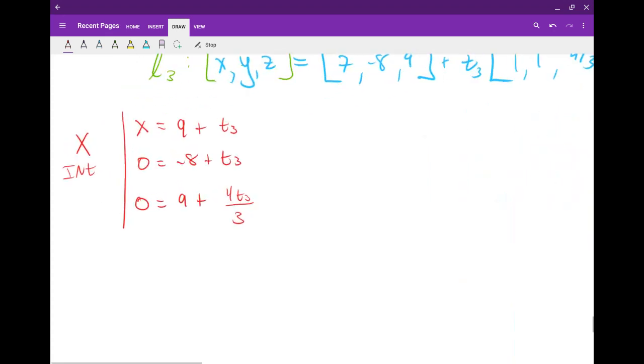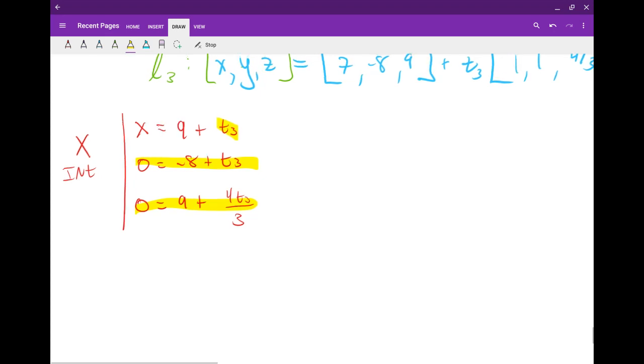All right, now I'm going to focus in on this. Basically, if you look closely at this, these two guys can be immediately solved for t3. And in the end, if I get the same t3 in both of these scenarios, then there is an x-intercept, and I can find it by taking that t3 and plugging it in here. All right?